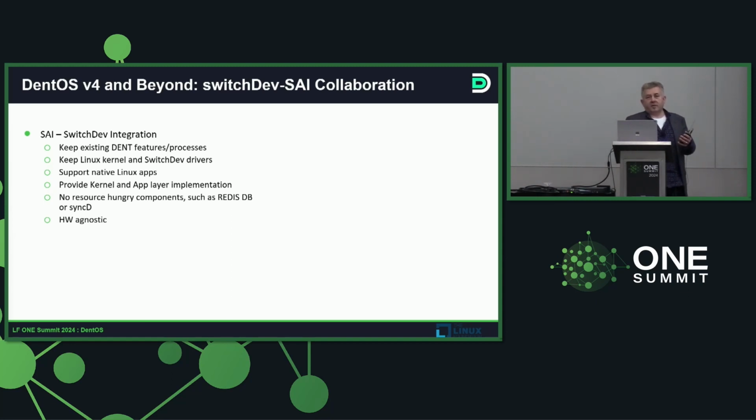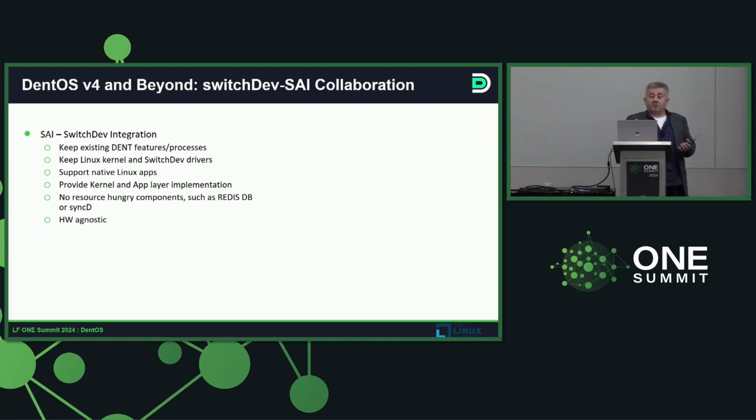So we thought, why don't we just merge the SAI and switchDev together and provide the solution in a way the community can choose to use switchDev or SAI without giving up on one or the other. So we are keeping the existing Dent features and processes. If you are using FRR, you're still going to use FRR. Keep the Linux kernel and switchDev drivers. They are still available.